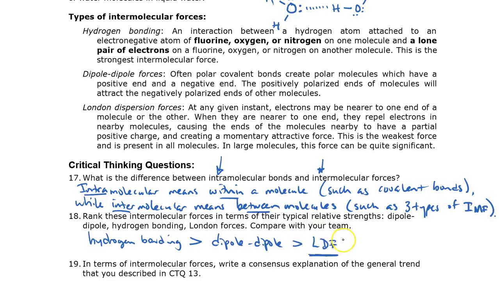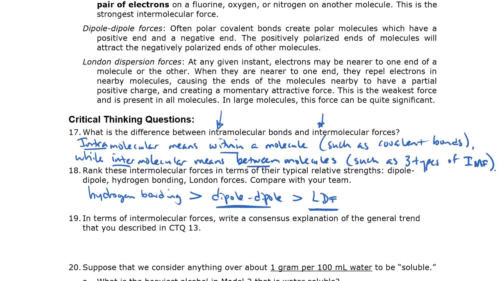This mostly depends on the size of the molecule, whereas this one depends on the polarity. And so this is usually considered a stronger relative strength if there's just one instance, versus this one that happens multiple times. When the molecules get large, it happens over and over again.